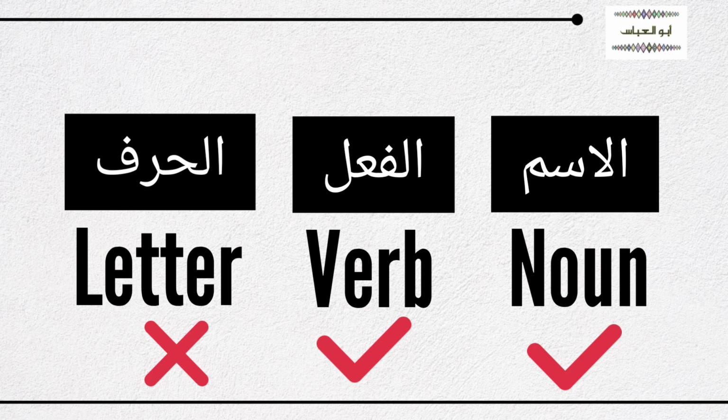What you see them discussing there is ismun and fi'lun. Meaning that even though sarf is concerned with Arabic words, you have to take out harf from there. As for ismu and fi'lu, then sarfu is concerned with that.